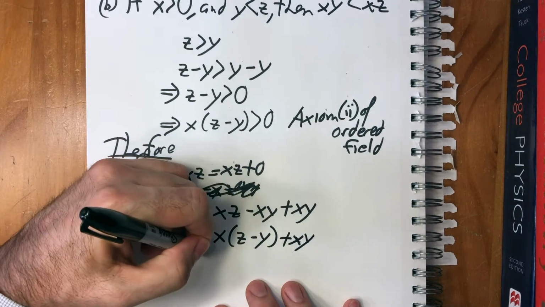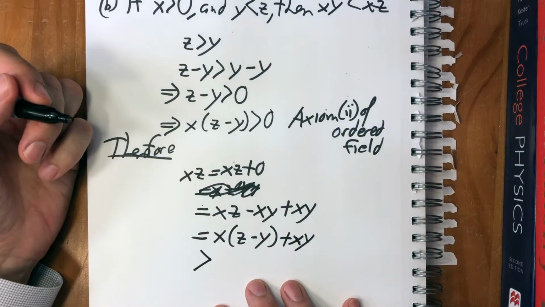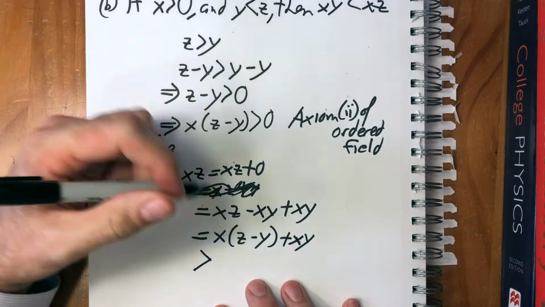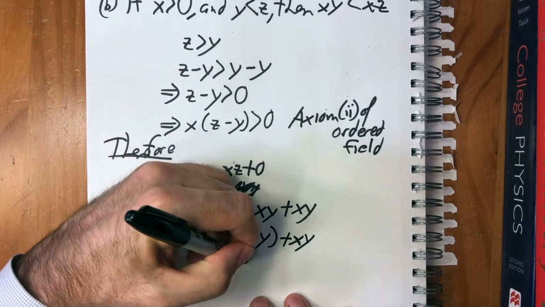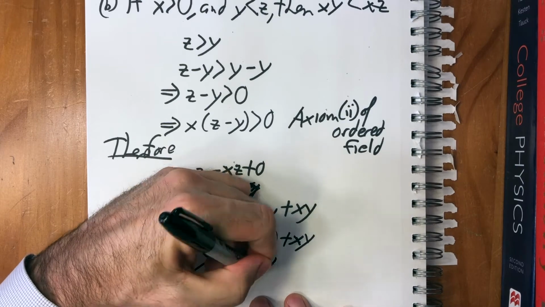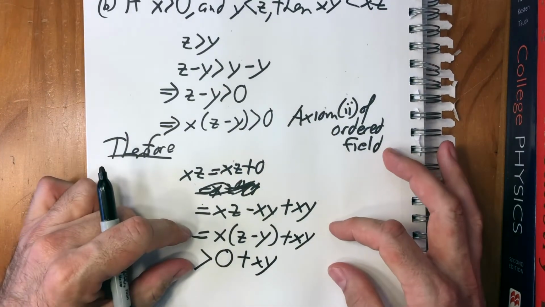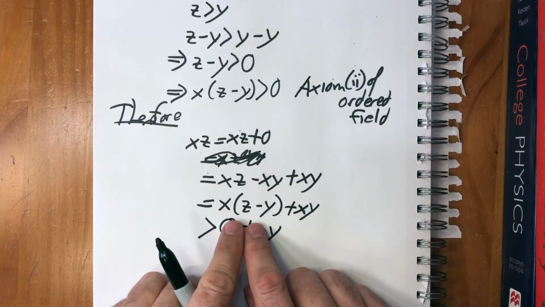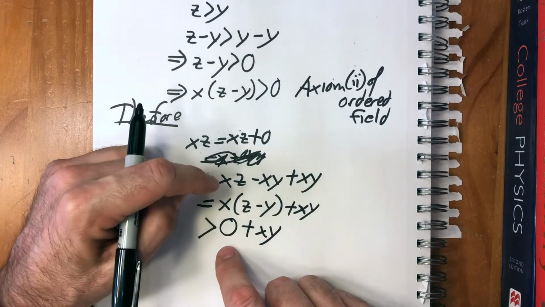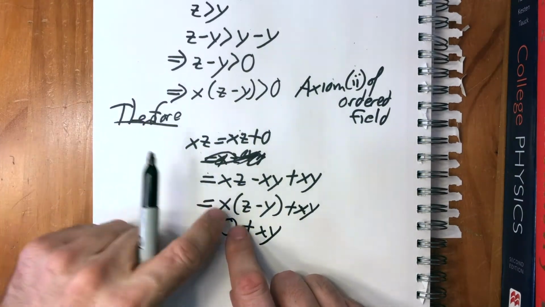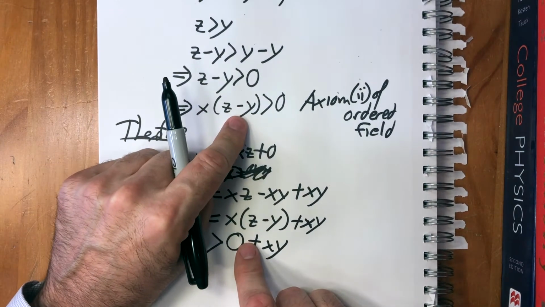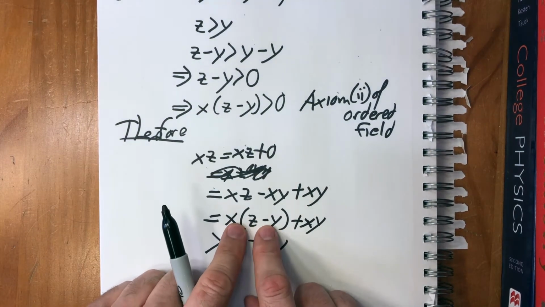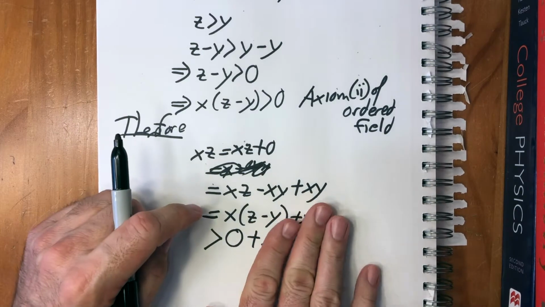So now we have an inequality. What I just did here is axiom 1, because we just showed that x times z minus y is greater than 0. So forget about the xy.